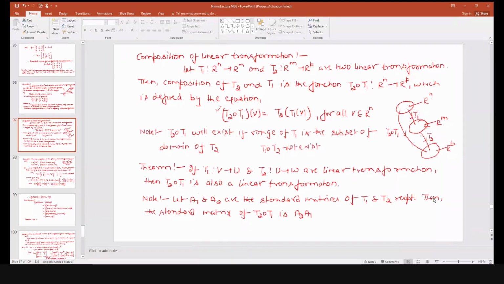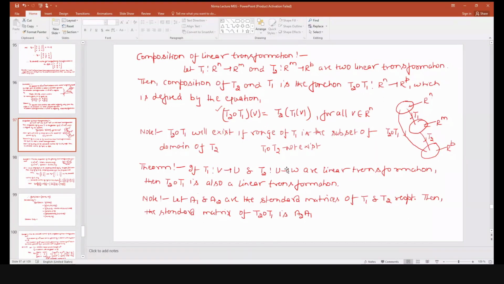So this will be the standard matrix of the composition transformation T2 ∘ T1. Got it? Similarly, suppose T1 ∘ T2 exists, then its standard matrix should be A1 A2.